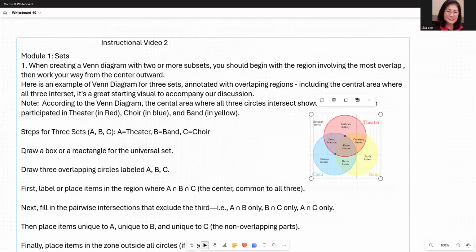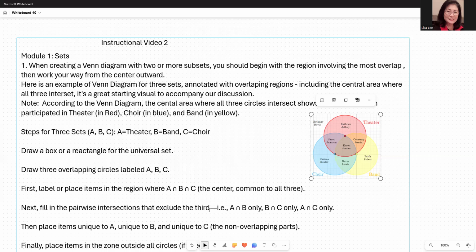So here are some tips on how to draw your Venn diagram. You should start with a box or rectangle for the universal set. Then draw 3 overlapping circles labeled A, B, C. According to this example, A is theater, B is band, and C is choir.